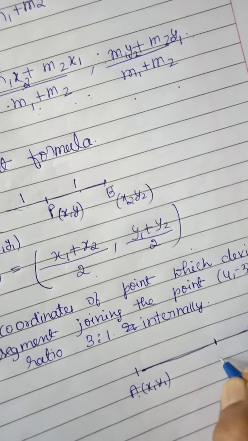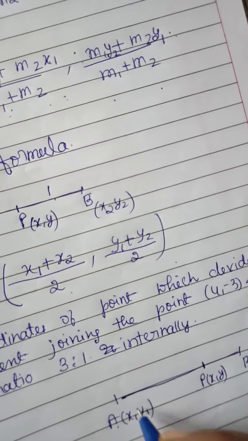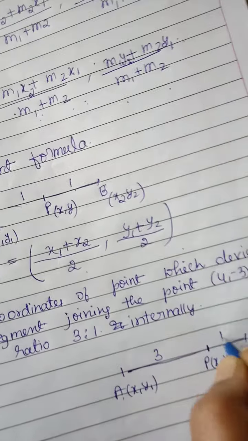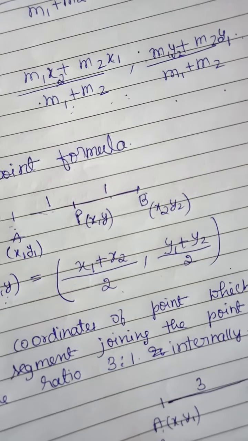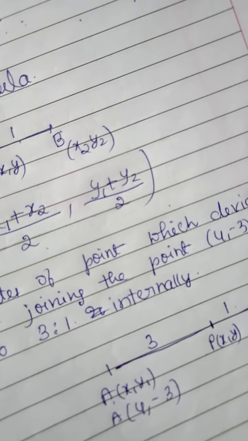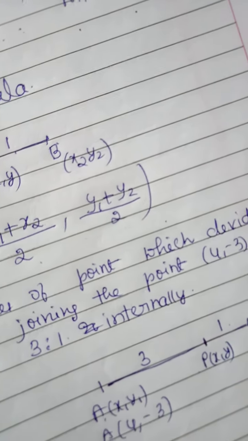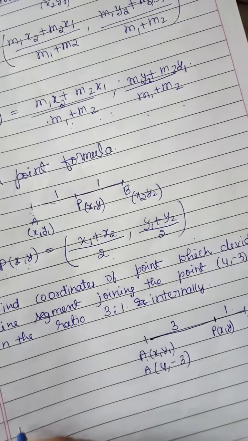Here this is a point P(x, y). P divides AB in the ratio 3:1. So the coordinates of point A are (4, -3) and the coordinates of point B are given as (8, 5). Now we have to find the coordinates of P(x, y).